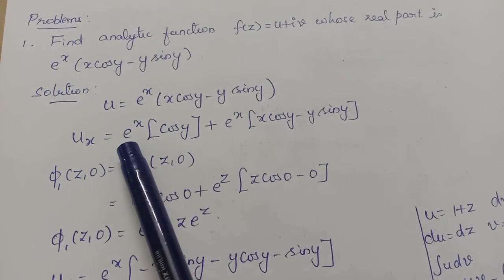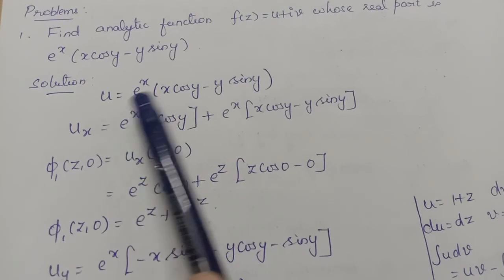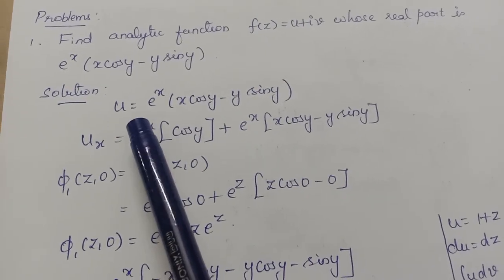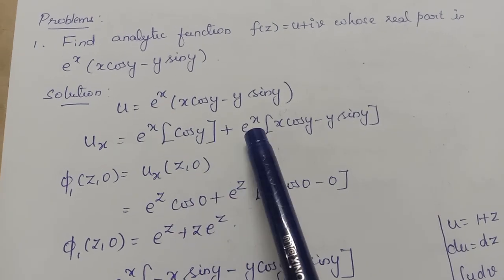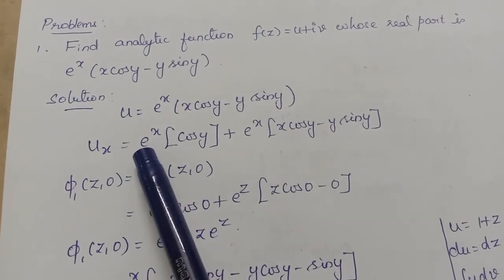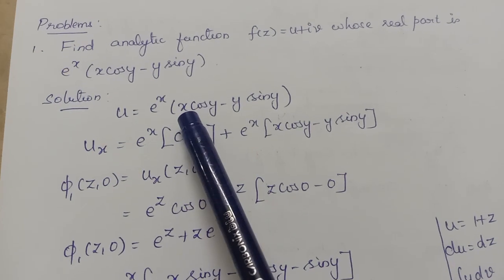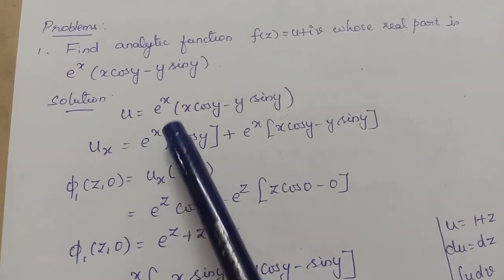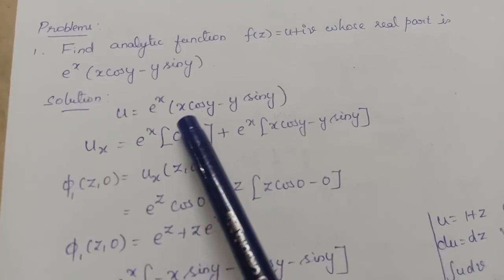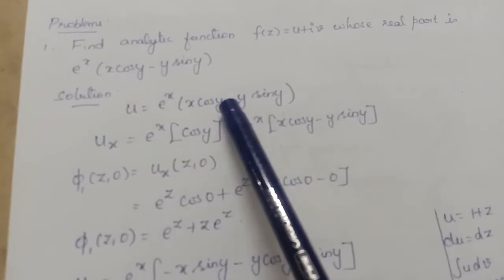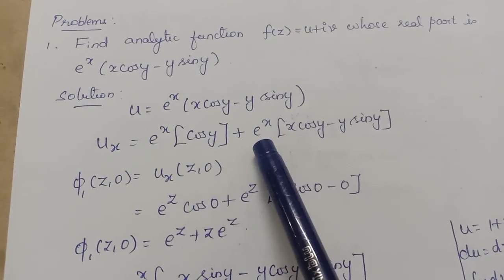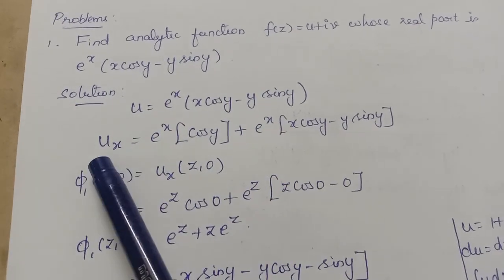Here this is a product of two functions, so I'm going to make use of the uv method, that is u into differentiation of v plus v into differentiation of u. So e power x into differentiation of x cos y, which is simply cos y, and the other term is 0. So e power x into cos y plus, keeping this term as it is, x cos y minus y sin y into differentiation of e power x, which is e power x. This is my ux.